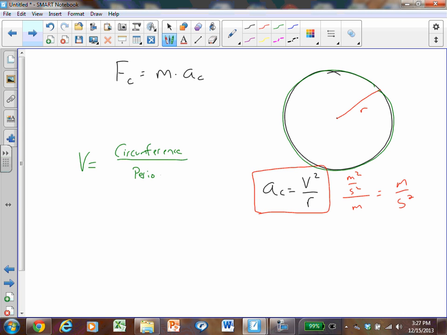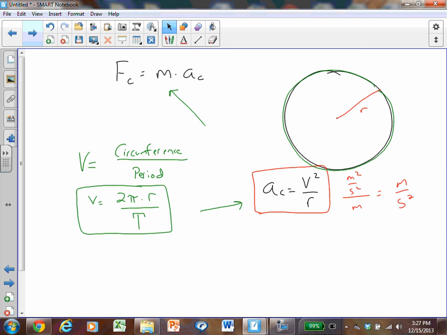The circumference is 2 pi times r, and the period is a capital T because it's a specific time, the time to go once around the circle, the time to do a lap. So now we have these formulas for v, ac, and Fc. And Fc is our net force, which we get from the sum of the forces from our free body diagram.